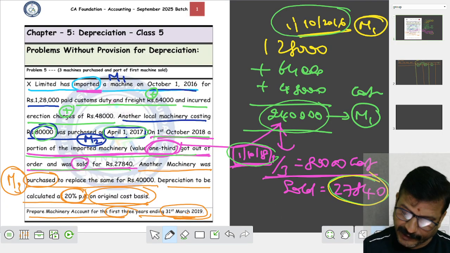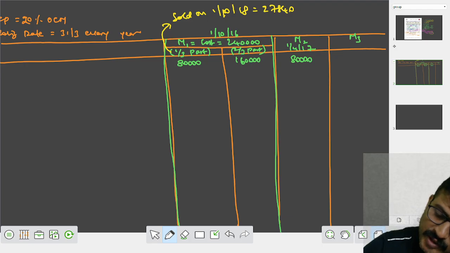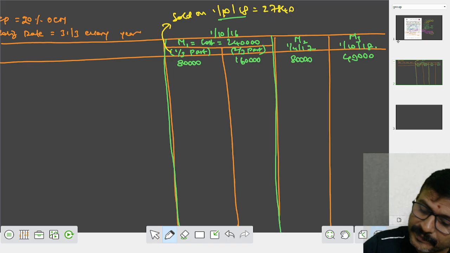Fine. Later what happened? Another machine was purchased to replace the same for 40,000. M3 is purchased for an amount of rupees 40,000. When was it purchased? On the same date, which means 1st October 18.